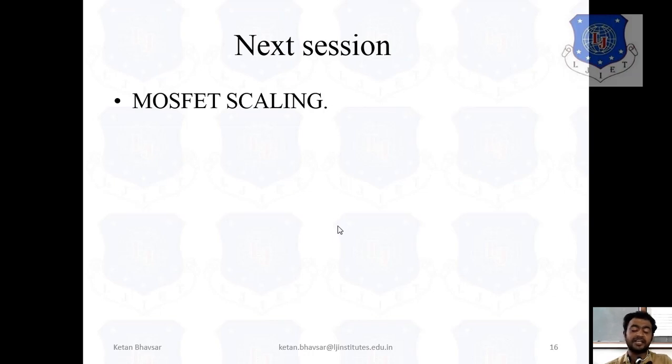Voltage scaling also plays a main role when we discuss a specific current, specific area, specific width and specific dimension of a MOSFET. It plays a main role in the scaling factor, because what is the meaning of scaling? Scaling is all about measurement, and about the specific limit that you have to set when measuring current and voltage characteristics for a specific component. We will discuss the scaling factor in detail in the next session.